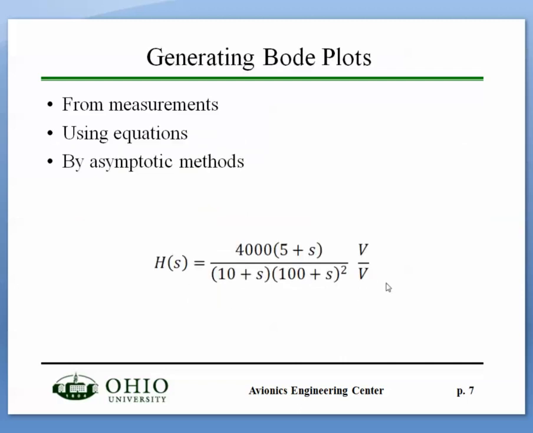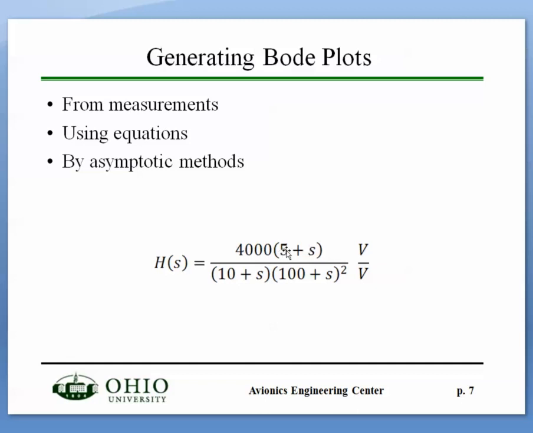Anyway, let's go back to here. So here's going to be your homework problem. While I'm not going to cover the asymptotic method, I will say that s is j omega, so it's j times the frequency, and we're going to span a bunch of different frequencies.